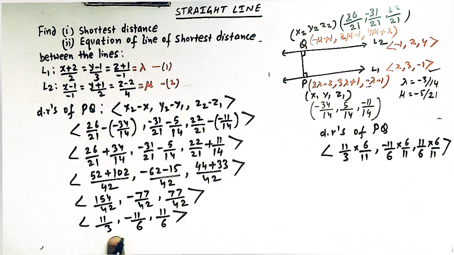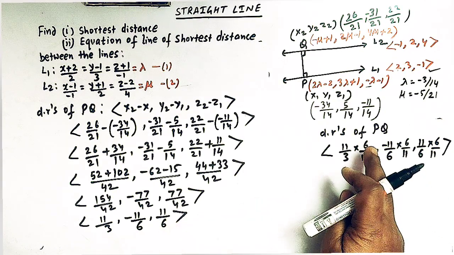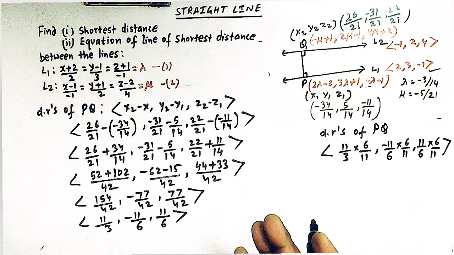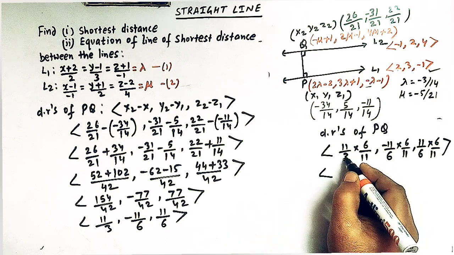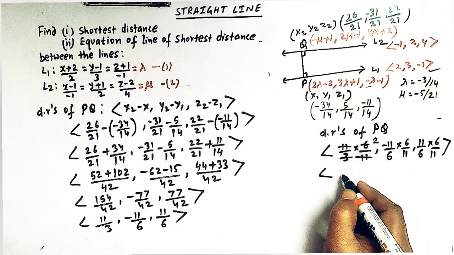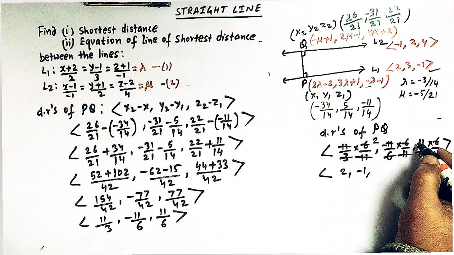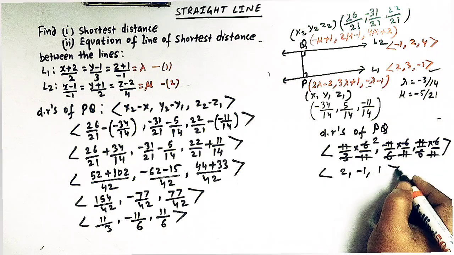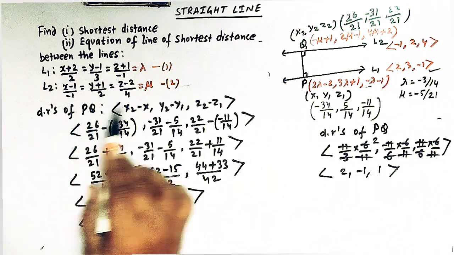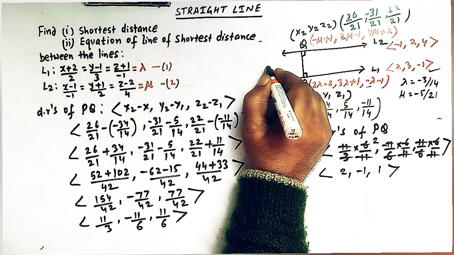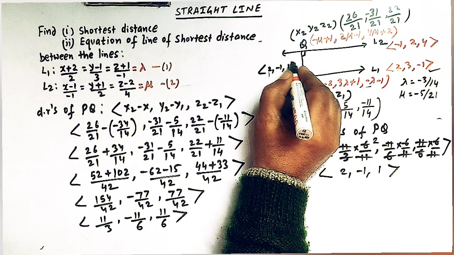Here we have multiplied these three numbers by 6 over 11 because we have used the concept that if two vectors are parallel, then their direction ratios are either equal or proportional. So now we have 2, minus 1, and 1. So the direction ratios of the line of shortest distance PQ are given by 2, minus 1, and 1.